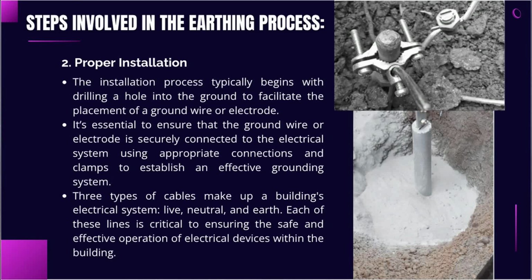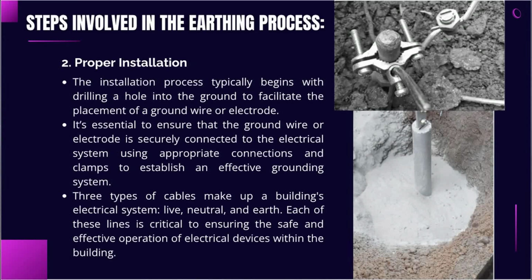It's essential to ensure that the ground wire or electrode is securely connected to the electrical system using appropriate connections, and you have to use proper clamps to establish effective grounding of the system.